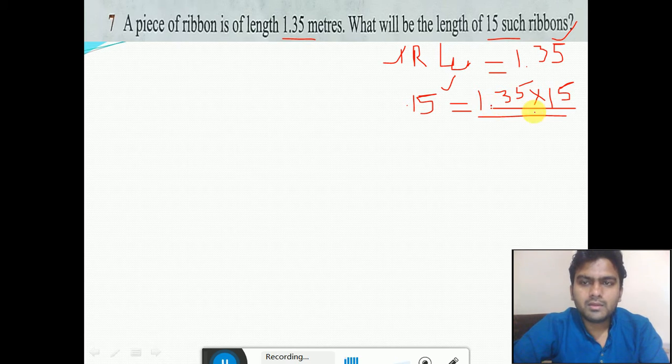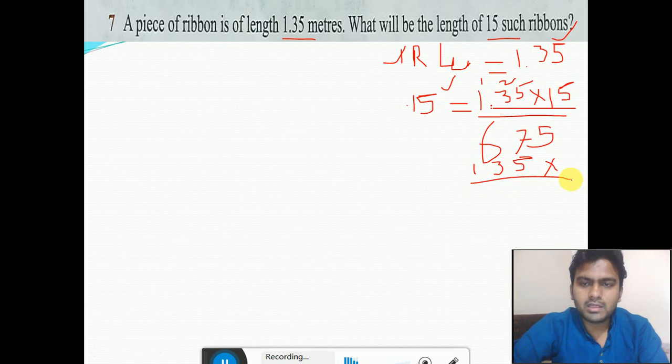So 5 5s are 30, 5 5s are 25, carry over 2. 5 3s are 15 plus 2, 17, carry over 1. 5 1s are 5 plus 1, 6. Then 1 multiply by 5, 5. 1 multiply by 3, 3, and 1 multiply by 1, 1.